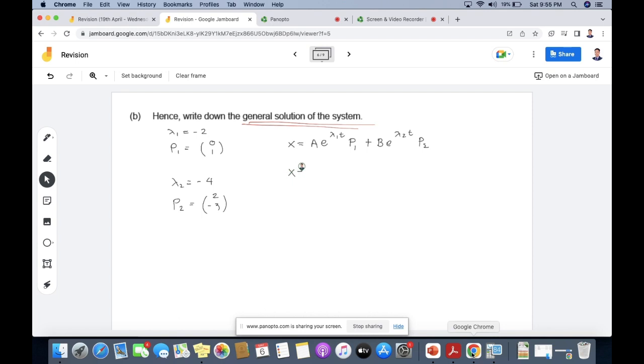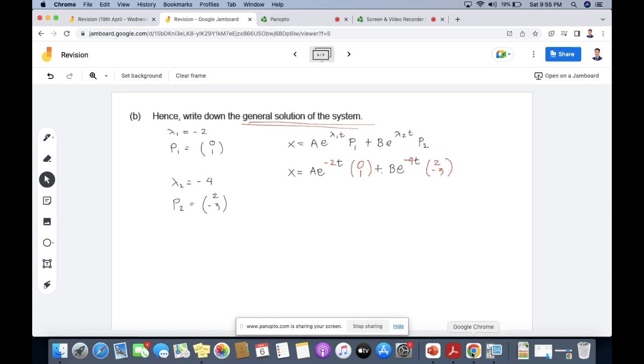So we have x equal to A, e to the power of our first eigenvalue -2t, and then the eigenvector for this is (0, 1), plus B, e to the power of the second eigenvalue -4t, and then the particular eigenvector for that is (2, -3). And this is now the general solution.